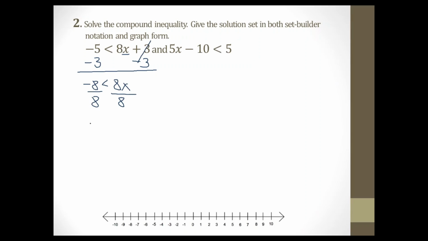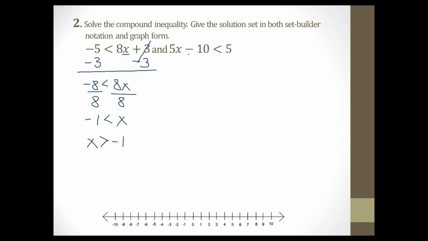So negative 8 divided by 8 is negative 1, and 8 divided by 8 is just 1, so my x is by itself. I can also rewrite it because I like my x to be on the left side, but I need to make sure that the direction of the sign still is the same. So basically x is greater than negative 1. Both of these answers are correct, but I prefer having the x on the left side.